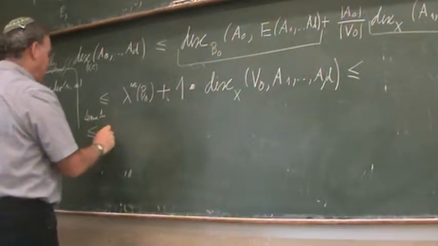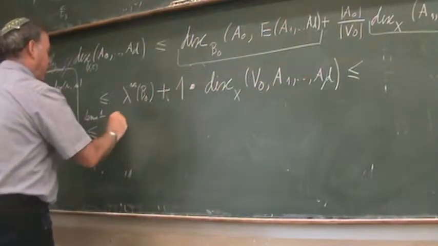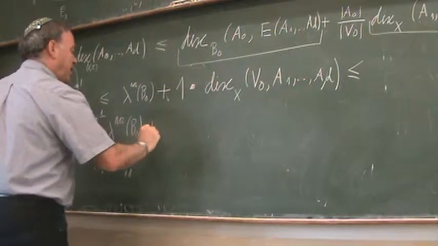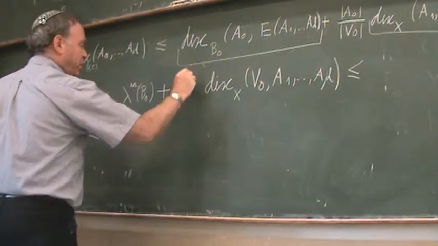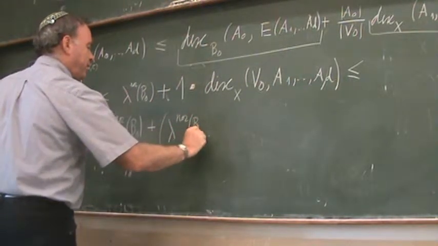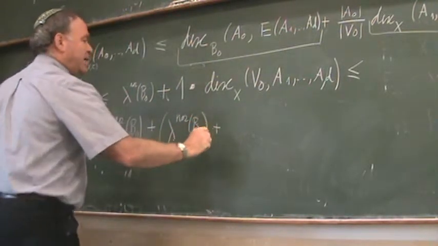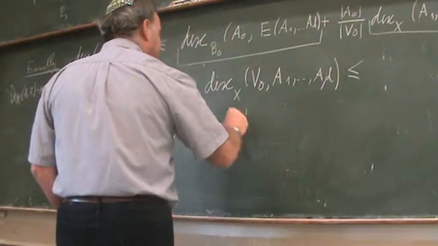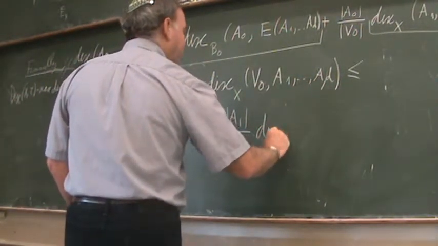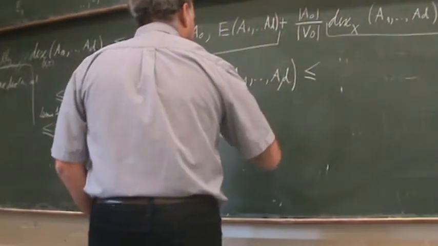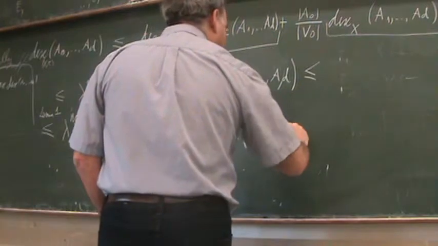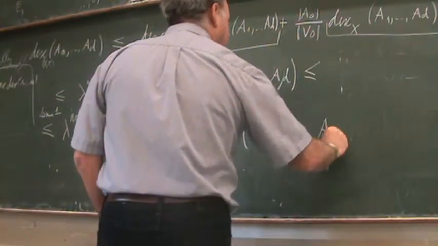So this is the same. Now, first of all, lambda normalized of B0 plus, now the new thing will be lambda normalized of B1, plus A1 divided by B1, the discrepancy of V0, A2 up to AD.